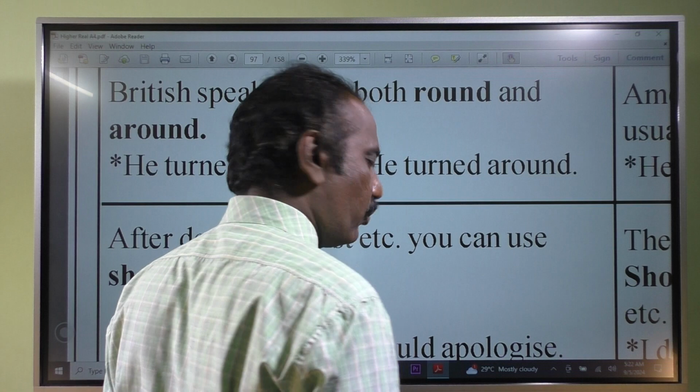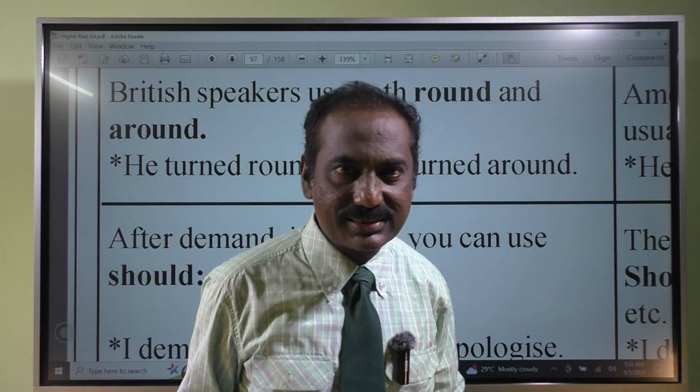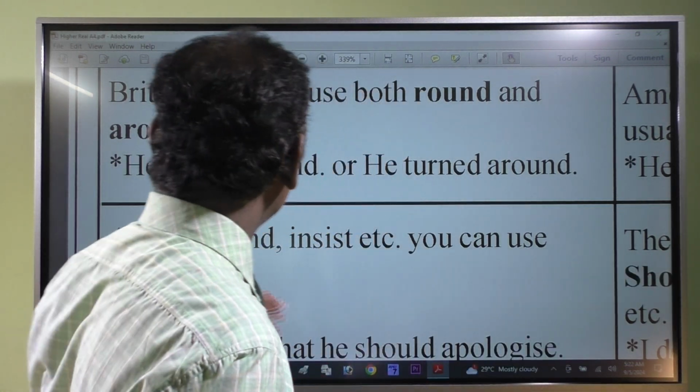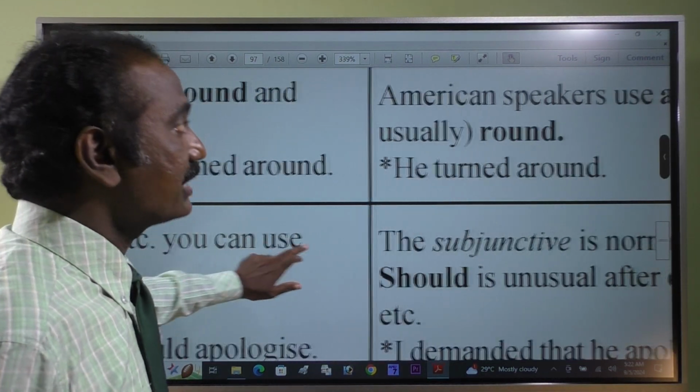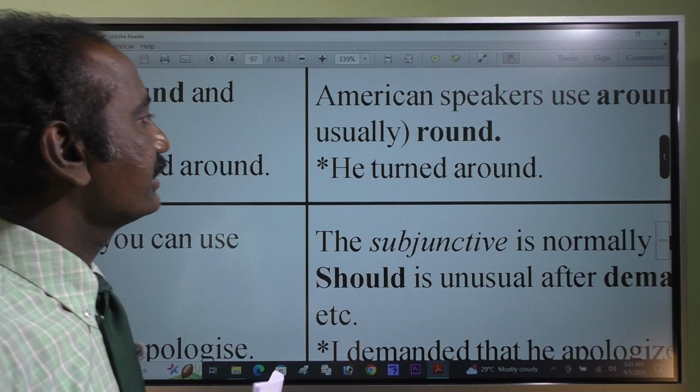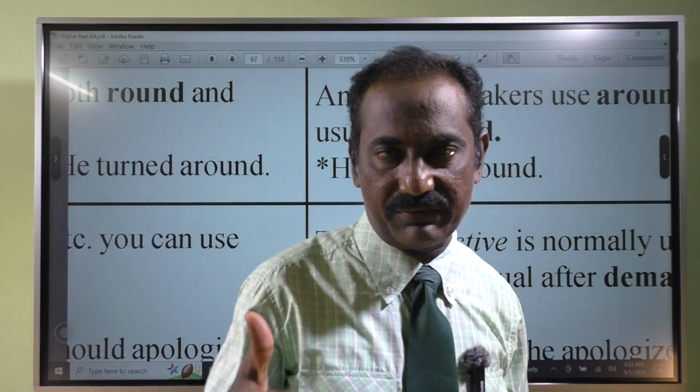About turn is 180 degrees. Turn around is 360 degrees. These people use turn round or turn around, both. But Americans only use turn around. They are very strict in that.